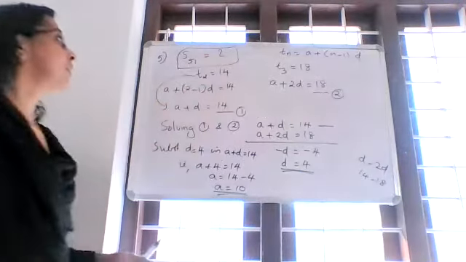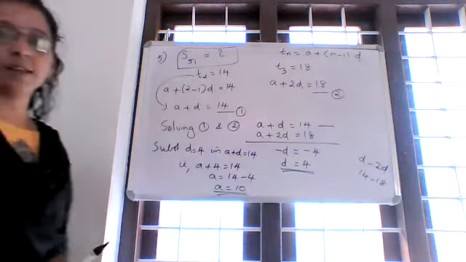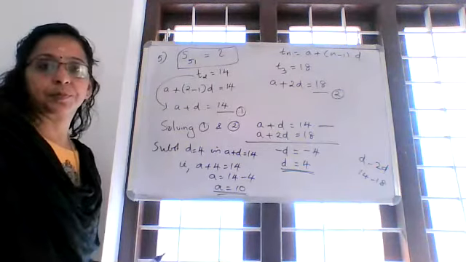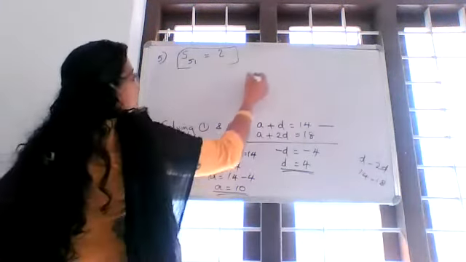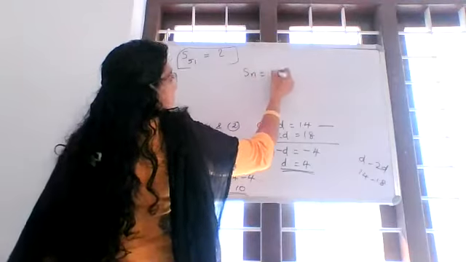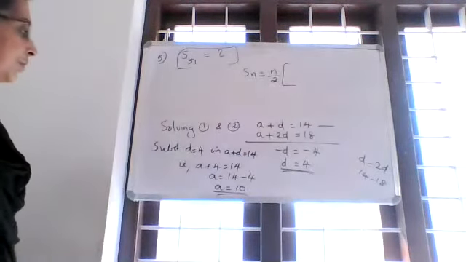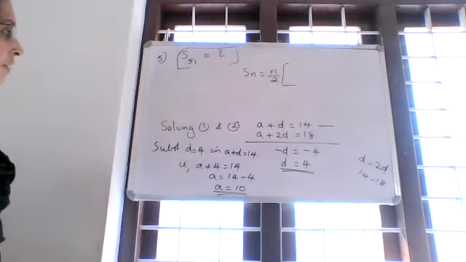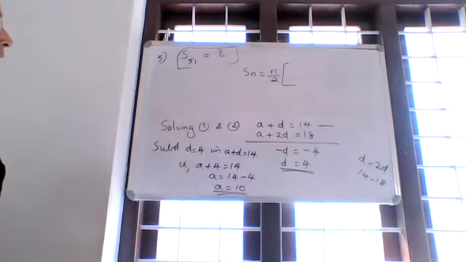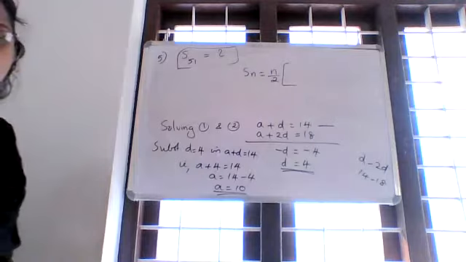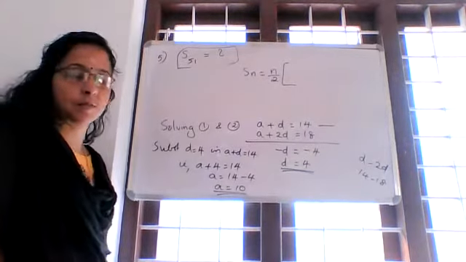So write the formula Sn. Sn is equal to n by 2 into which formula do we want to apply? First term plus last term. Can we apply that here? Do we have the first term? What about the last term?